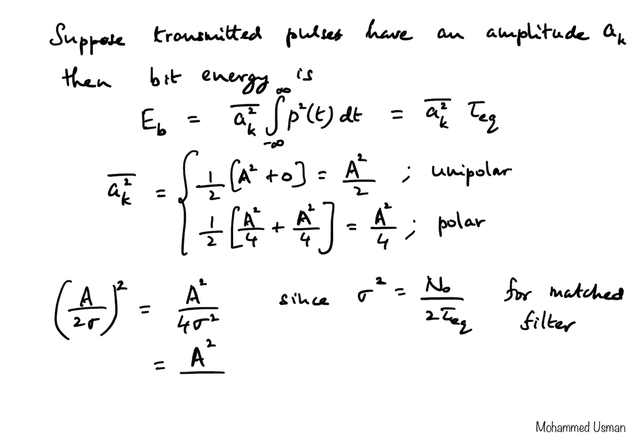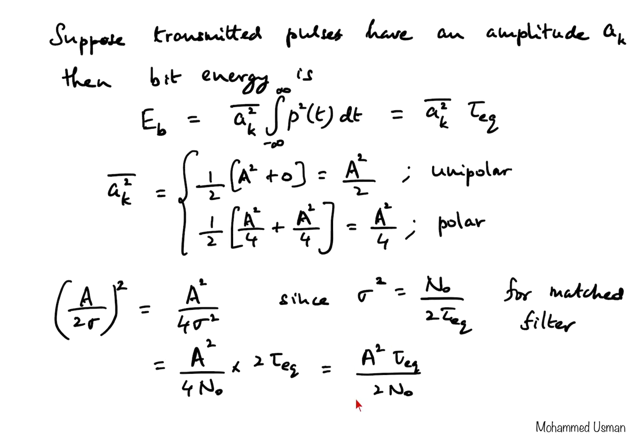So we'll have A square by 4 N naught into 2 tau equivalent, so the 2 times tau equivalent will go in the numerator here. This can be simplified, considering the 2 with the 4, as A square tau equivalent by 2 N naught. So that's what we have for the term A by 2 sigma the whole square.